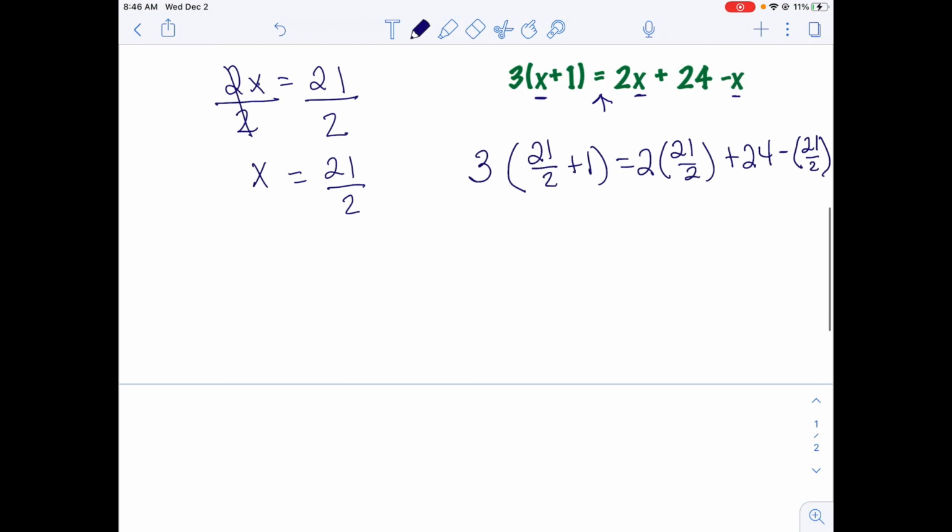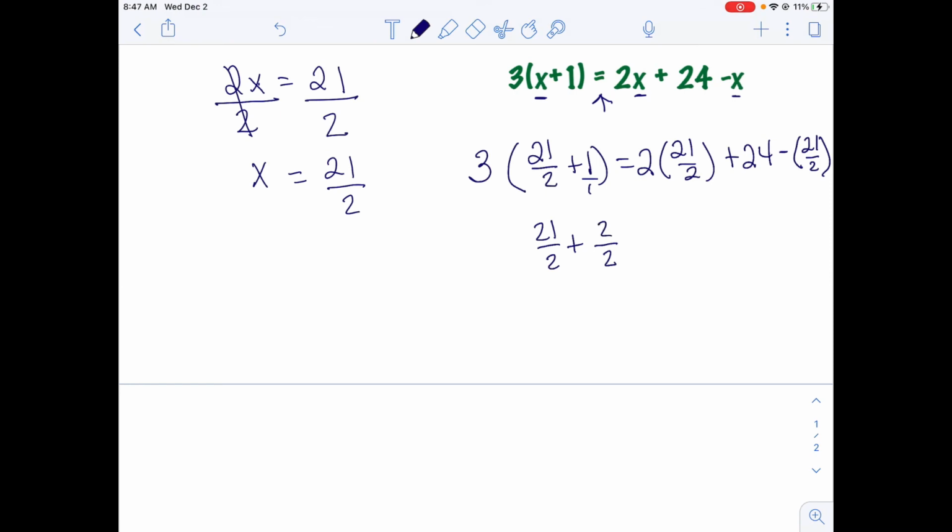So when I think about 21 halves plus 1, and when I add fractions, I have to have like denominators. We can rewrite 1 over 1 is still 1. Well, these aren't like denominators. I'd have to have this be 2. So I'm saying 21 halves plus, if I change the denominator to 2, I end up with 2 over 2.